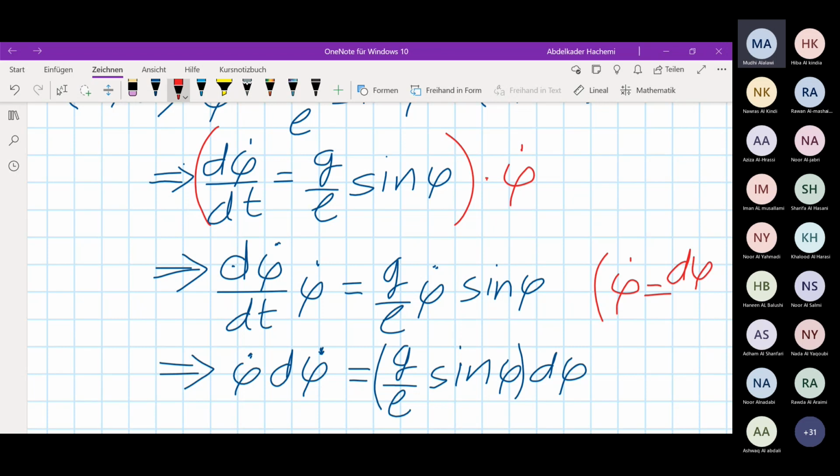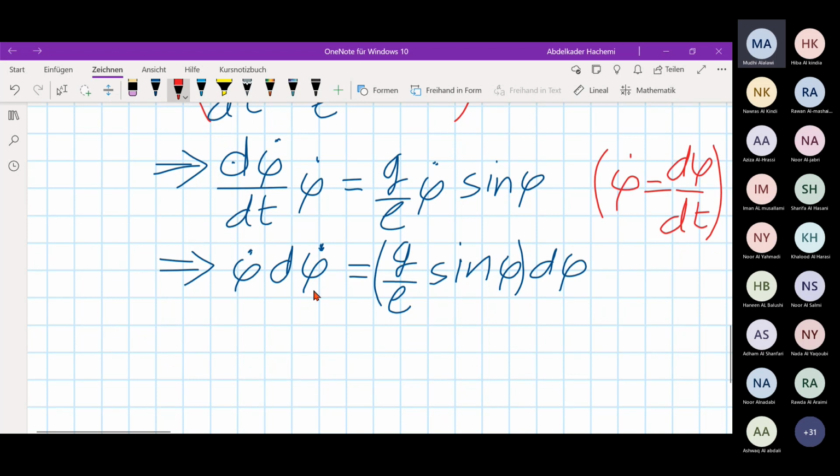The angular velocity is only the time derivative of the angle phi. Now we have dt on this term. If we replace this expression here, then we have dt here. They cancel each other. Then we get only phi dot d phi dot equal to g divided by L sine phi d phi. Now I can integrate.